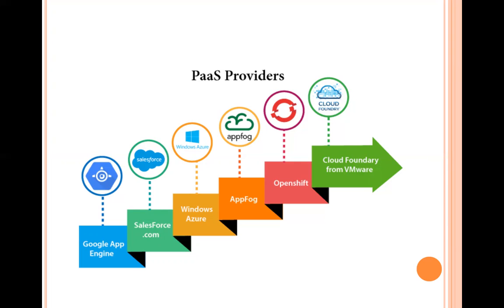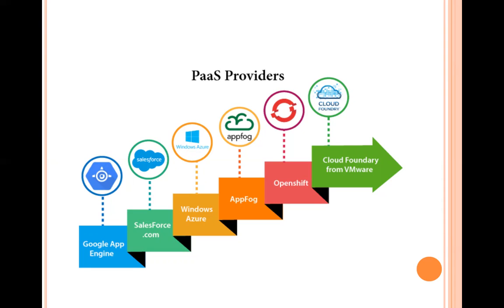Now, this is about PaaS, platform as a service. Using platform as a service, we can deploy the application over the cloud. We can build, run, and test the application over the cloud. For that, the user does not require installing any software or environment on his PC.